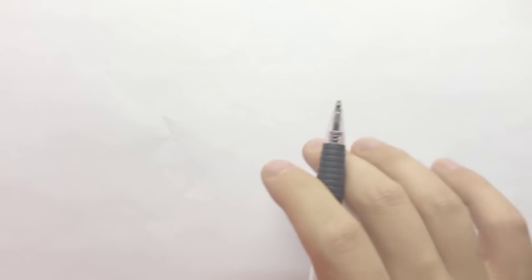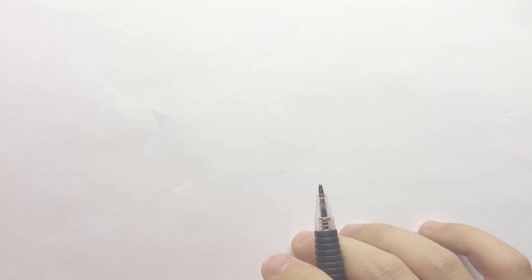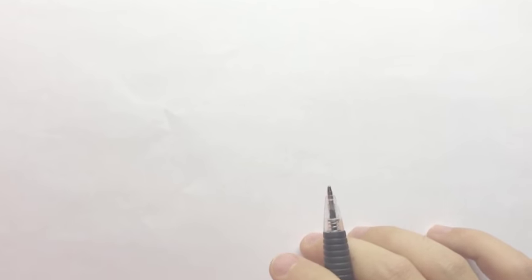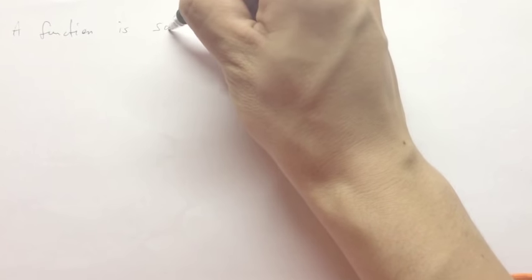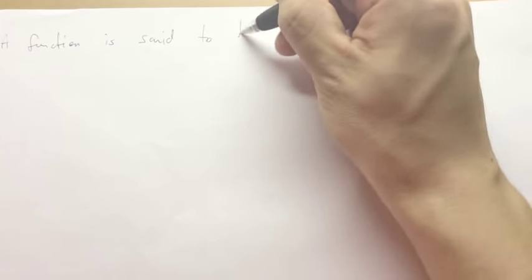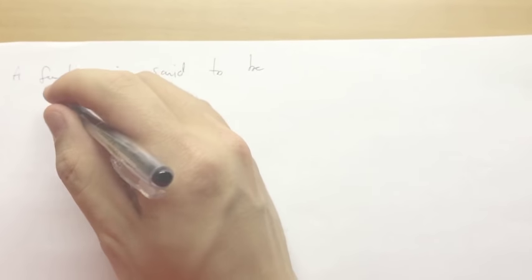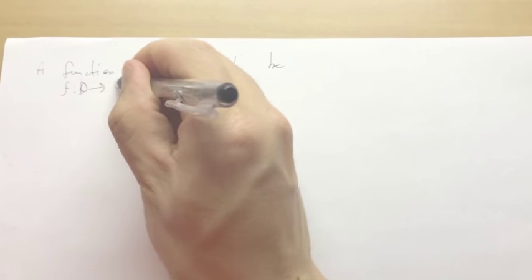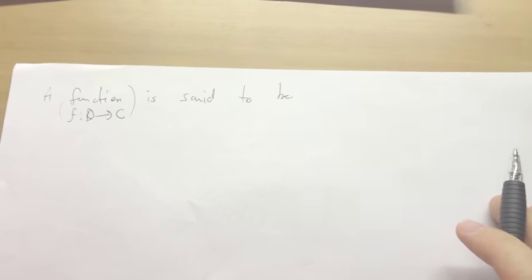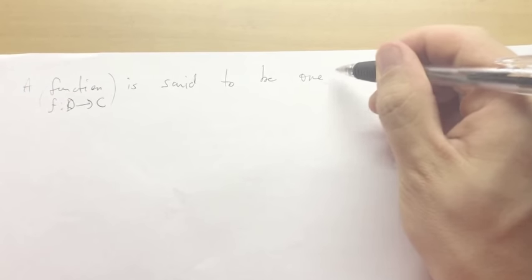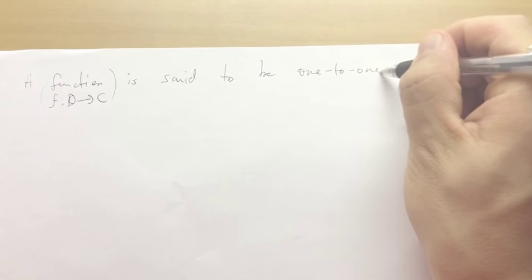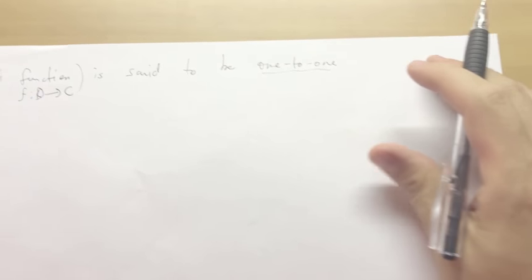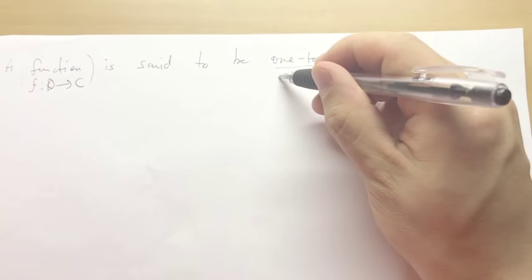You have a function, there will usually be several properties that will be important. Okay, so a function, let's call this function f from D to C, is said to be one-to-one, or injective.